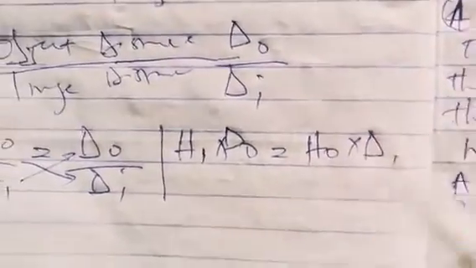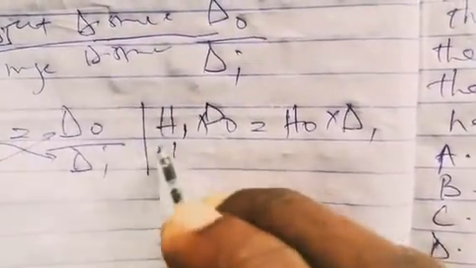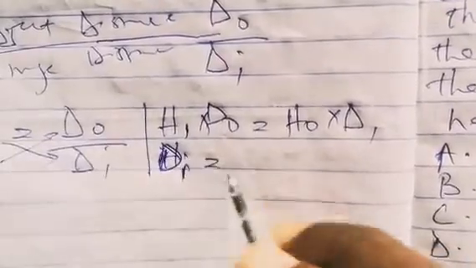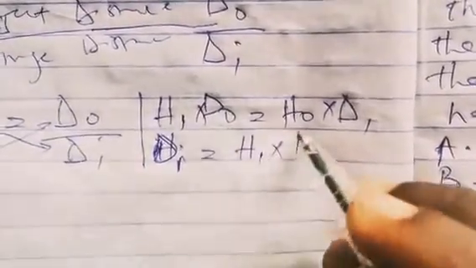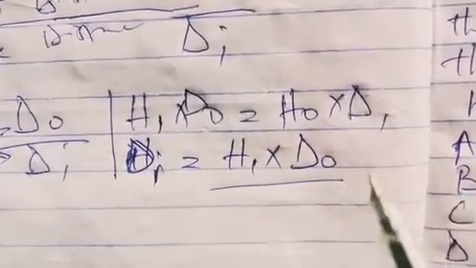So that implies that di, which is the image distance, is simply hi times do all over ho. So di, image distance, is hi, which stands for image height, times do, which stands for object distance, all over ho, which stands for object height, and that's equal to, so obtain the image height.